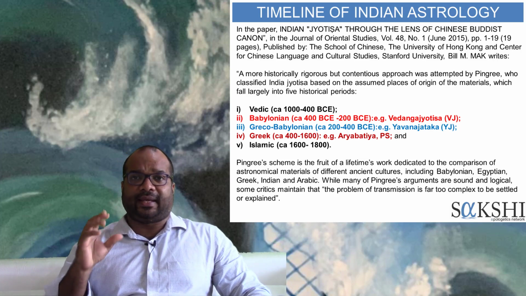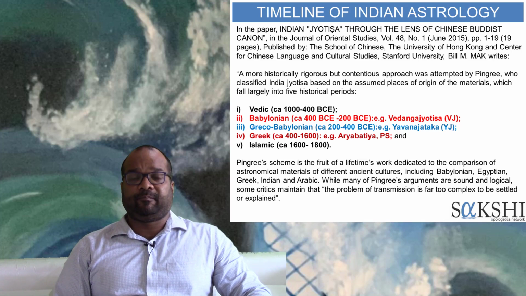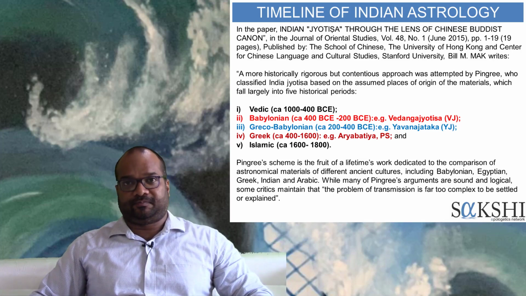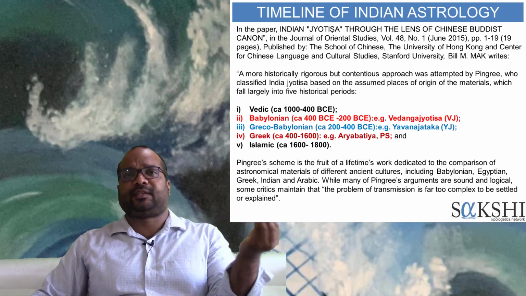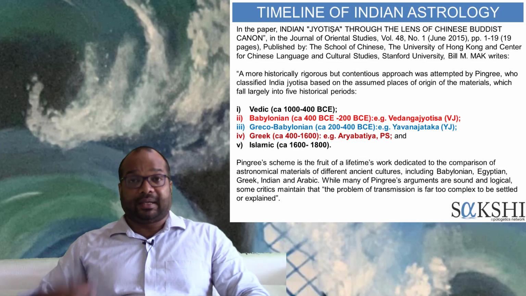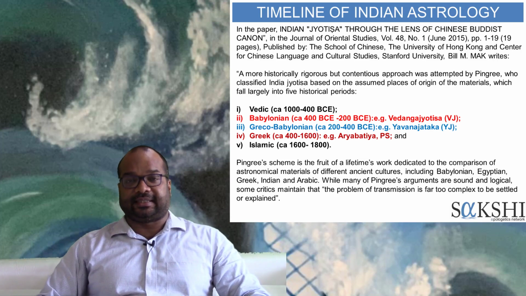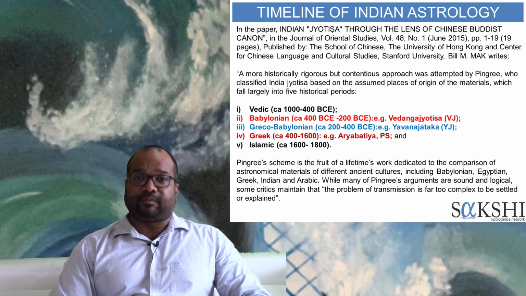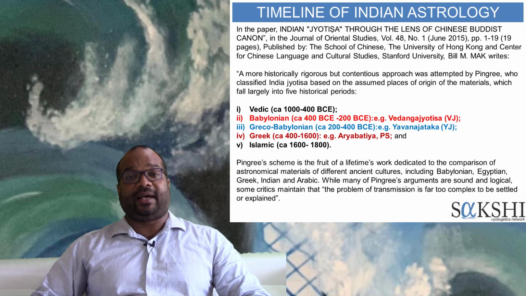One of his very controversial proposals was that there is no originality in Indian astrology at all. Now, that is not entirely true. As I said, there is a small Vedic component to it, but this was David Pingree's thesis, and he had very good reasons to articulate it. Some of those are challenged, but most are still valid.